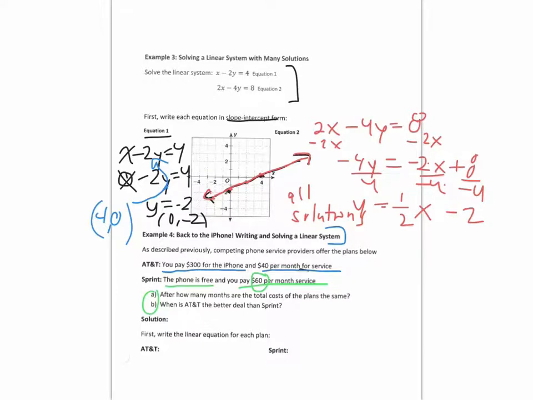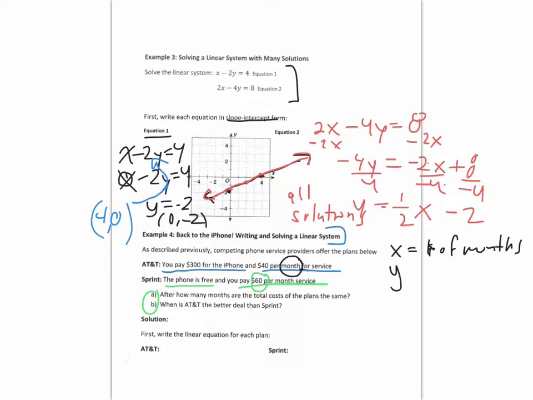Remember, in a system, the variables stand for the same thing in both equations. In this case, my input, X, if I'm paying $40 per month and my time is affecting the payment, seems to me our X would be time in months. So I'm going to say number of months.